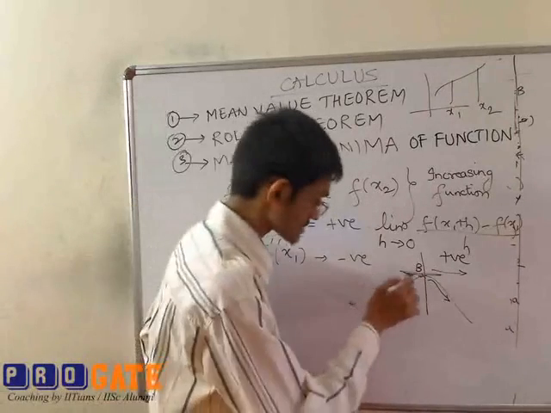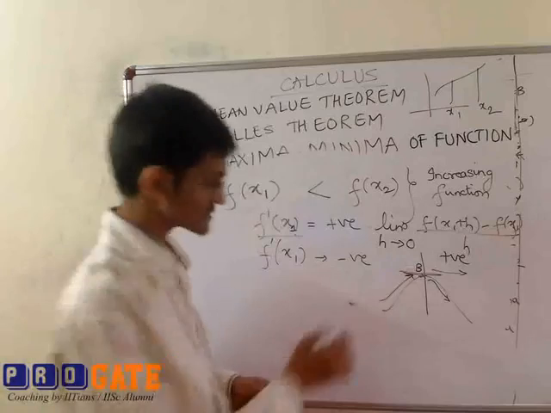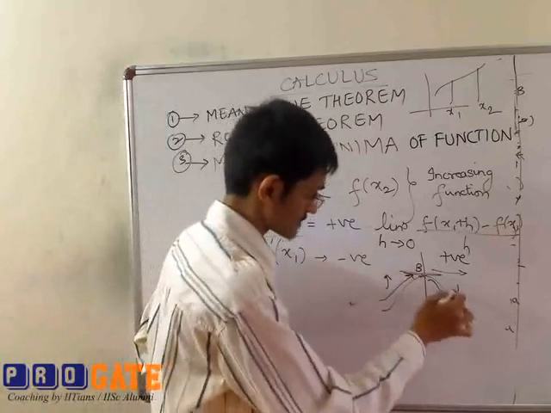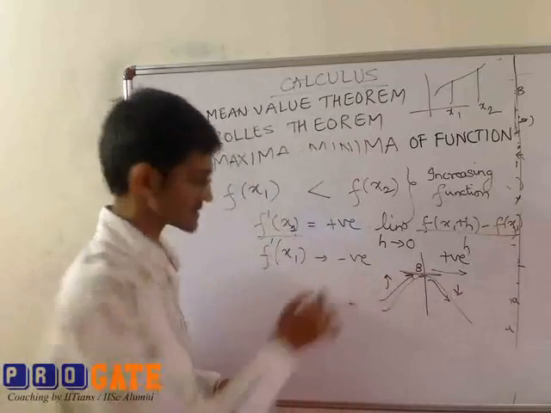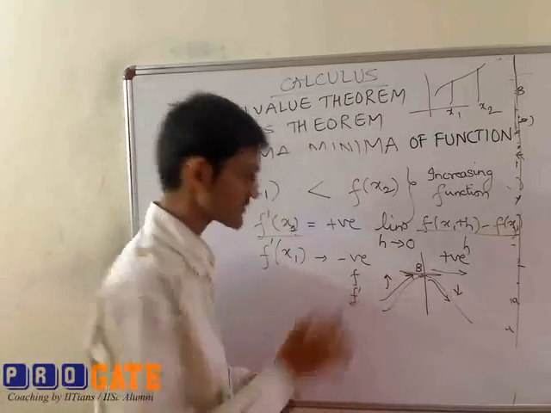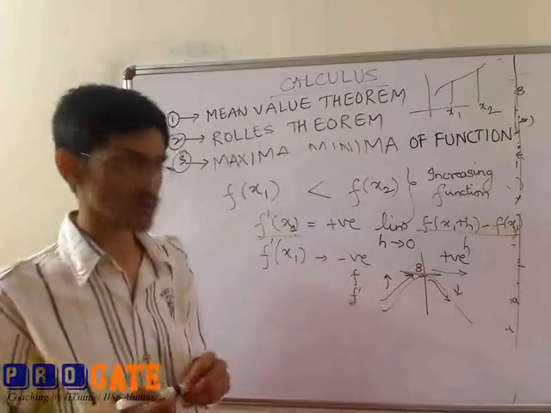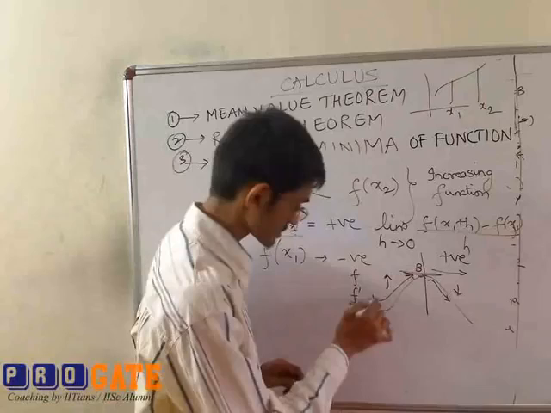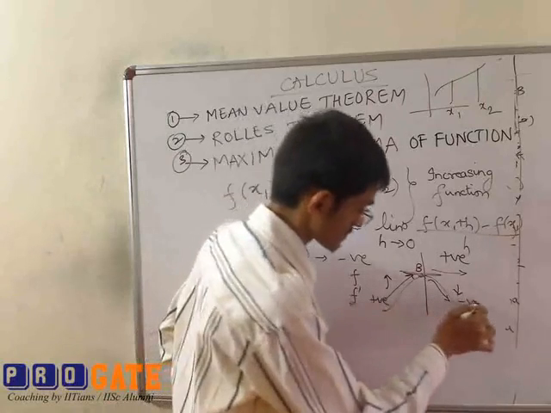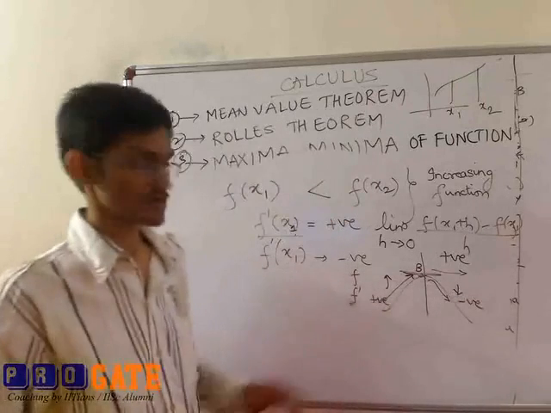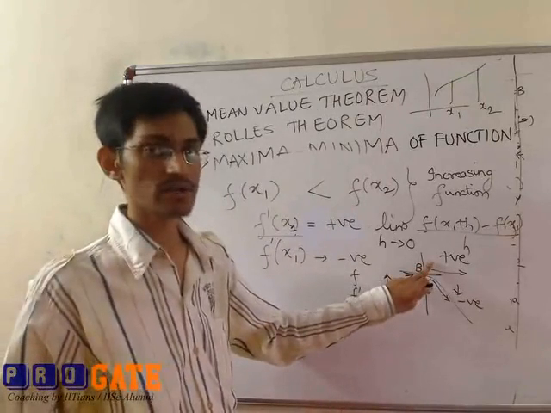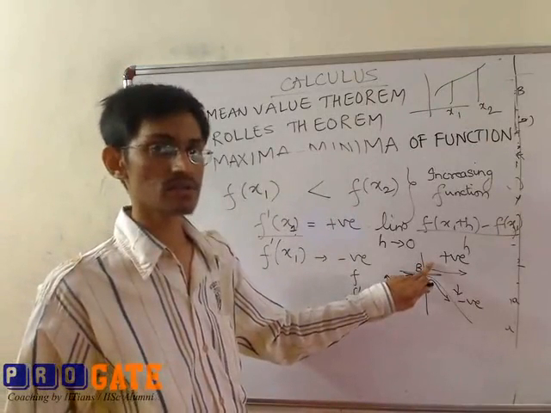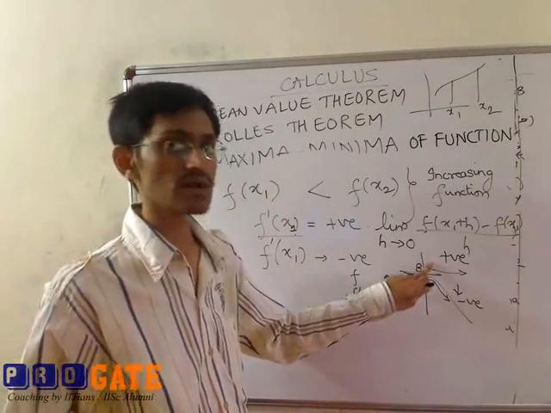And when you have reached up to point B, the function value was increasing. Here the function value is decreasing. So what about your f dash? F dash would go from positive to negative, and the point in between would be the local maximum.